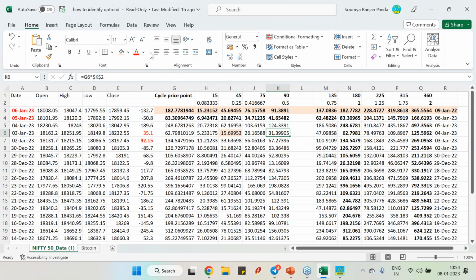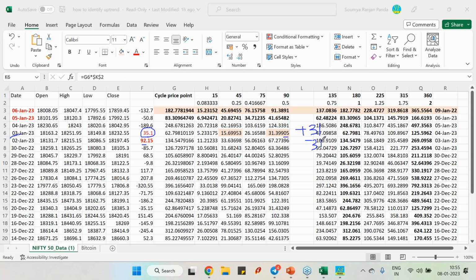So these two also I am coloring. Tell me if you understand this. Look at 2nd and 3rd. Based on the 2nd and 3rd price points, on 4th January only plus 31 points or minus 31 points will confirm the uptrend or downtrend.